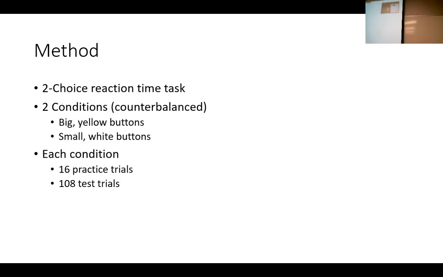In each condition, so fairly standard, we've got 16 practice trials before, but you'll notice we bumped up the number of test trials. That's because we're going to do a reaction time distribution analysis. And for that, the standard is at least 100 good trials. So it will recycle bad trials. We've got a few extra in case we lose a few along the way.